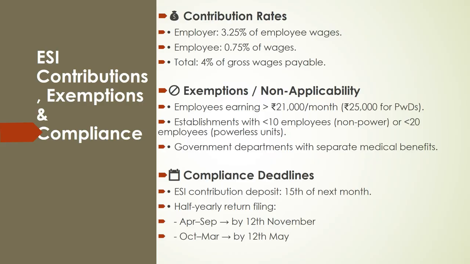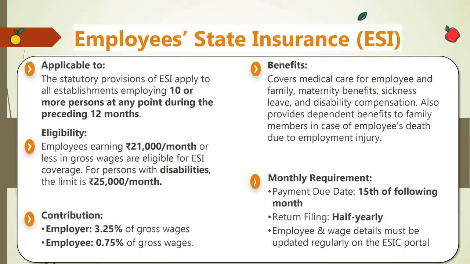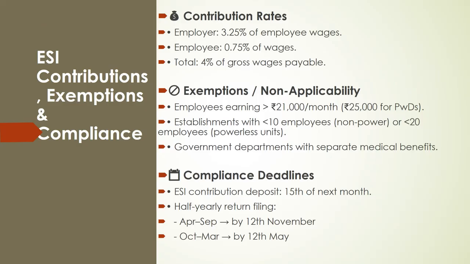Already I have mentioned, for 21,000 and above, and for persons with disabilities 25,000 and above, there is an option not to participate. On compliance deadlines, you have to make the payment by the 15th of the next month, and on a half-yearly basis, April to September by 12th November, October to March by 12th May, you would be required to submit half-yearly returns. So these are the contribution percentages.